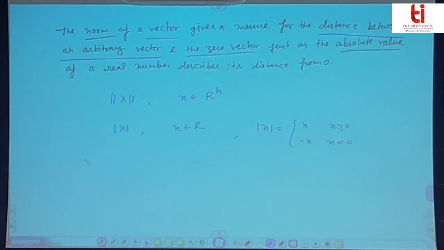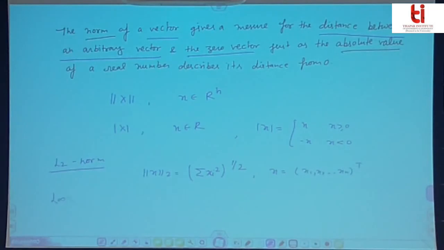But how to compute the norm of x? We use different measures of norms. The L2 norm is defined as norm of x 2 equal to the summation of xi square, to the power 1 by 2, where x is x1, x2, xn transpose.